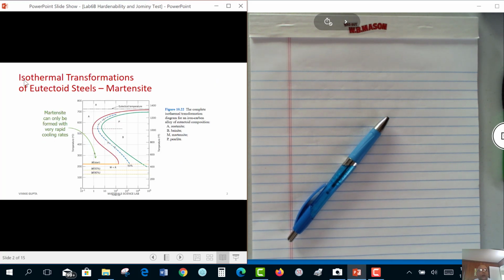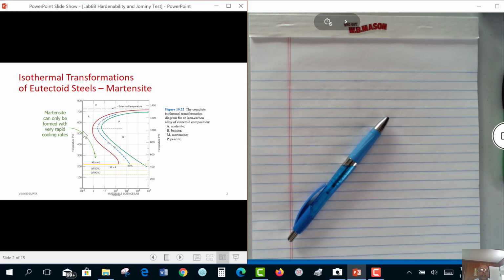So let's quickly review isothermal transformations. We are talking about eutectoid steel. Above the eutectoid temperature, the steel is all austenite. Now when we quench the steel below eutectoid temperatures, there are basically three things that can happen. If we do the isothermal transformation above the nose temperature, we get all pearlite.